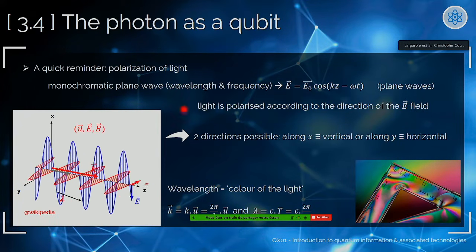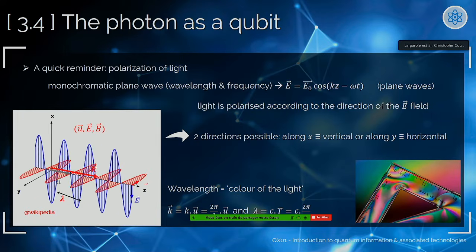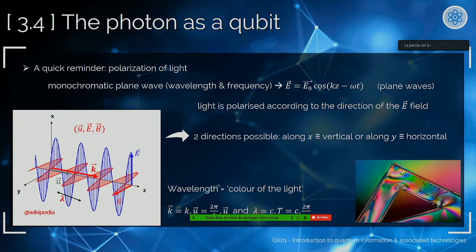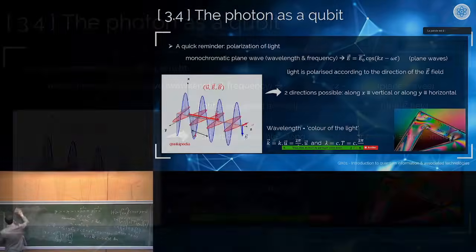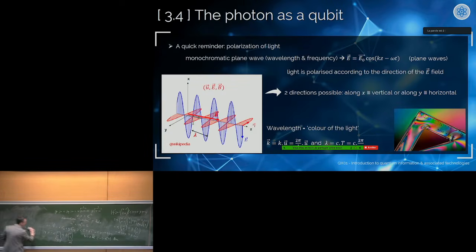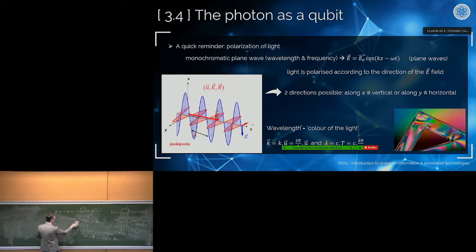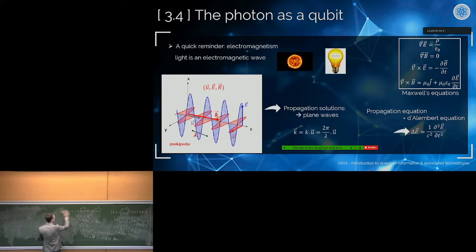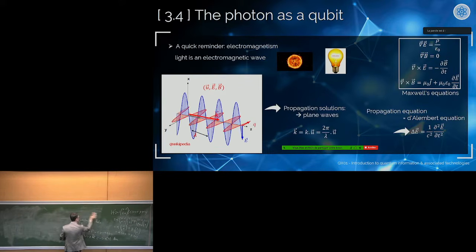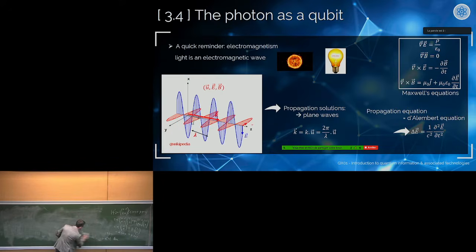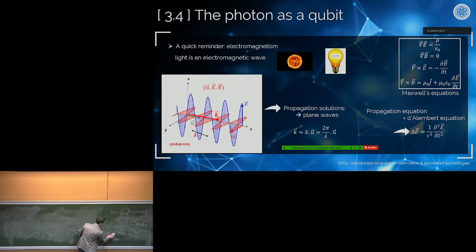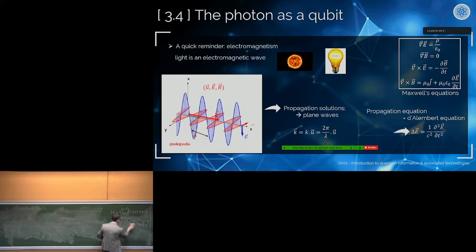And typically, if I go back to the propagation equation quickly, what we said is that a typical solution of a propagation equation is a plane wave. And it's, in fact, good enough for a lot of problems in electromagnetism.